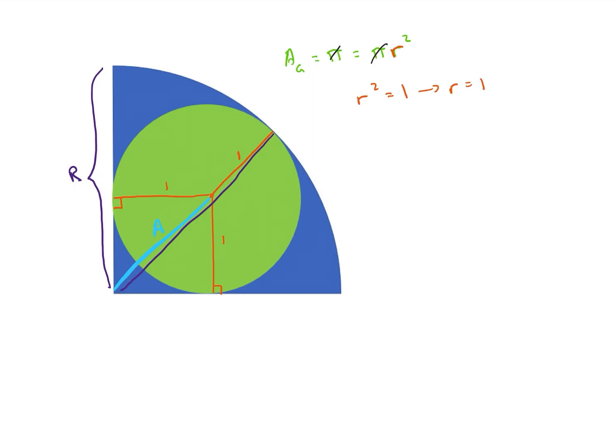I'll switch colors here because that's not showing up great. We'll make that a black A. So we're looking at this distance A going along here.